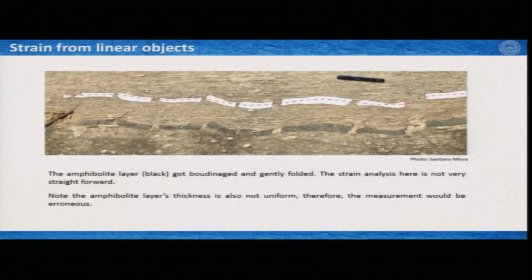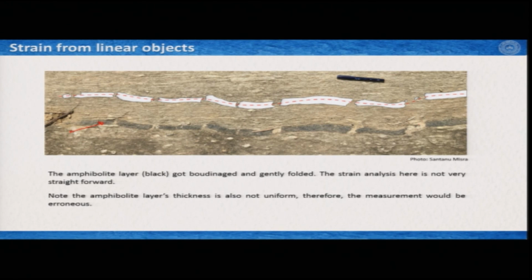But sometimes life is not that easy. For example, in this photograph we have this black layer here. Very similar to what we have seen in this belemnite fossil, this amphibolite layer got budinaged.